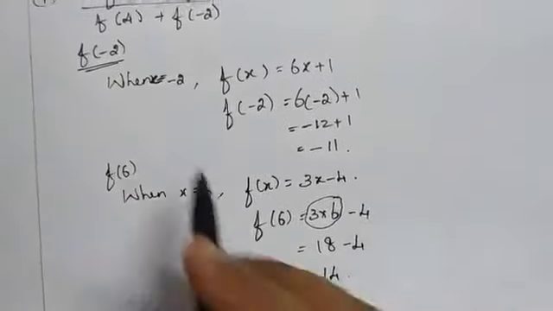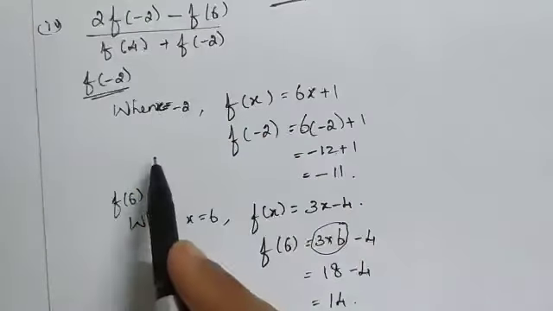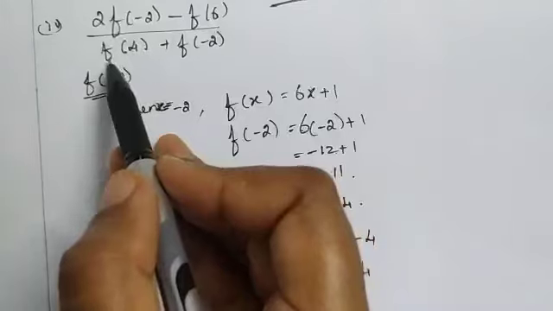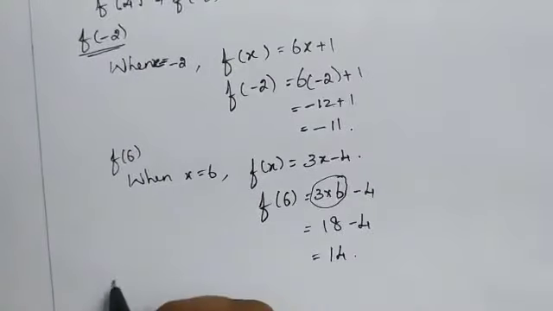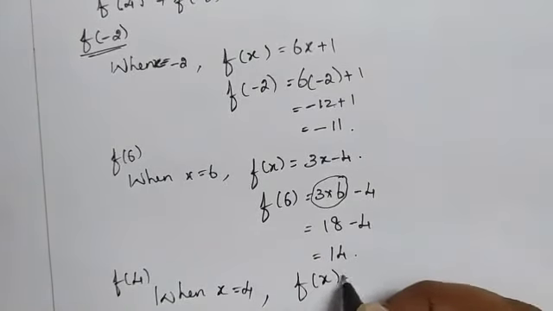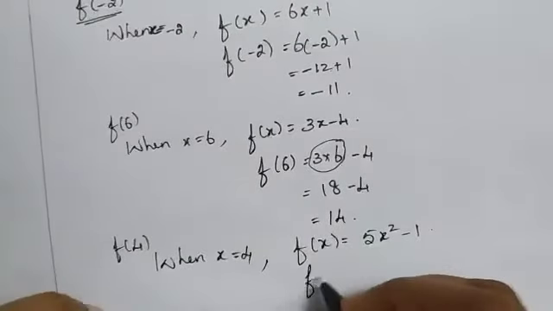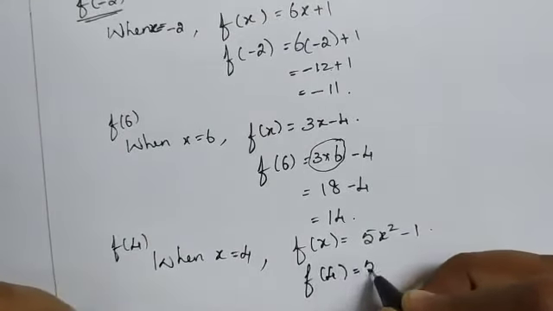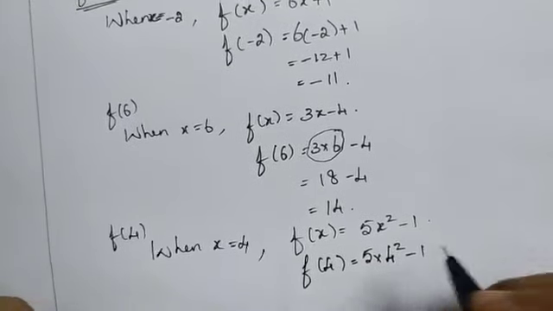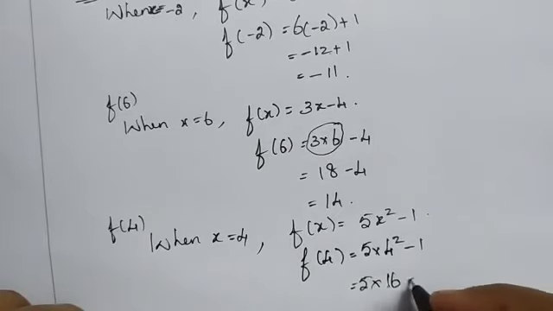Now, f of 4. f of minus 2 you already finished in this part itself. Therefore, only f of 4. When x is equal to 4, where is 4? Second line. Therefore, f of x is equal to 5x square minus 1. f of 4 is equal to 5 into 4 square minus 1. 5 into 16 minus 1.